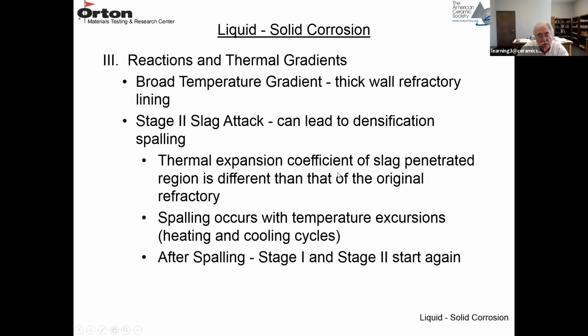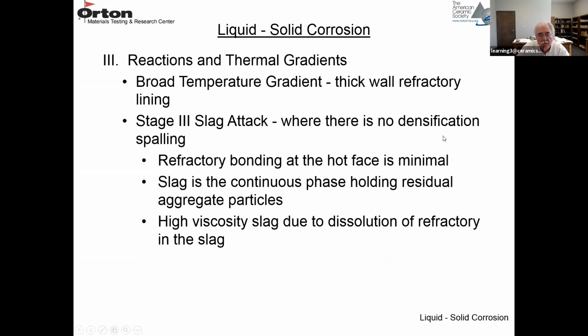So if that layer that's reacted or penetrated spalls off, you go back to stage 1 slag attack until you develop another dense layer, with different properties, and then stage 2 starts again. So that can occur over and over again until the refractory is completely spalled off.